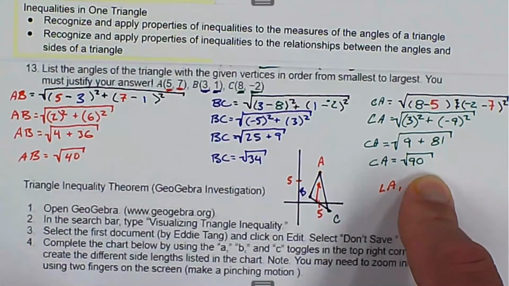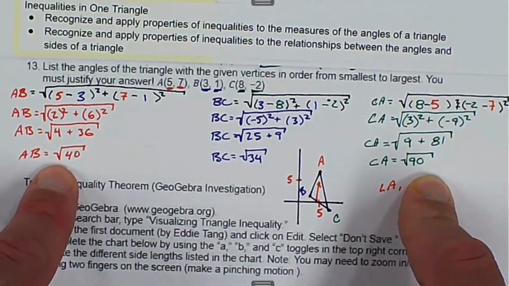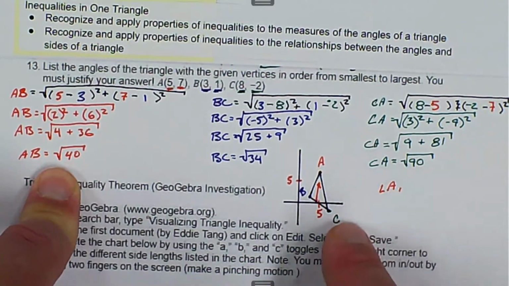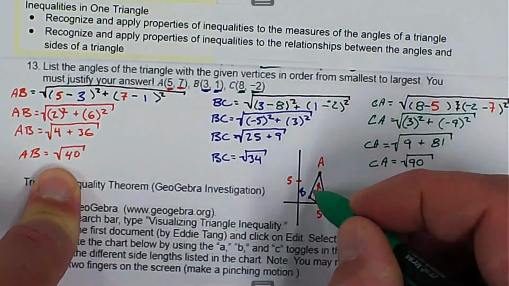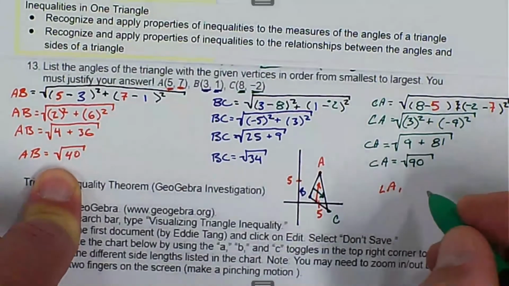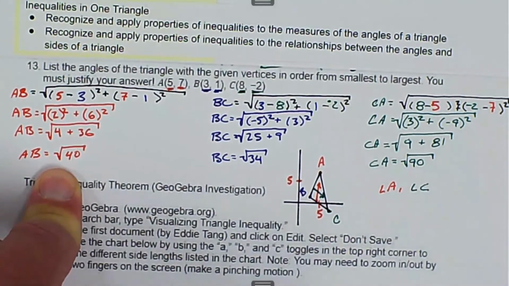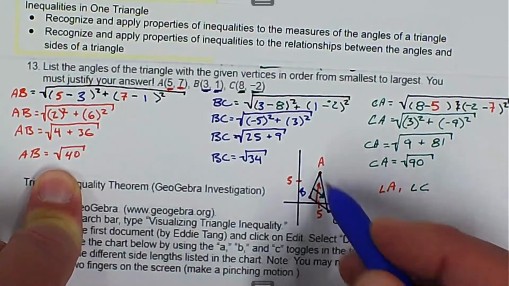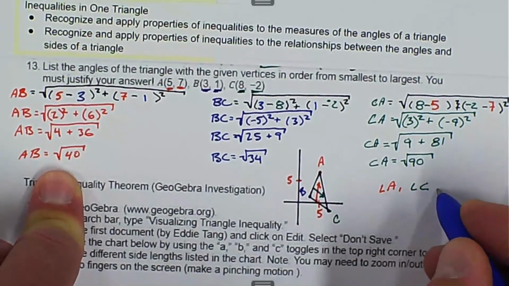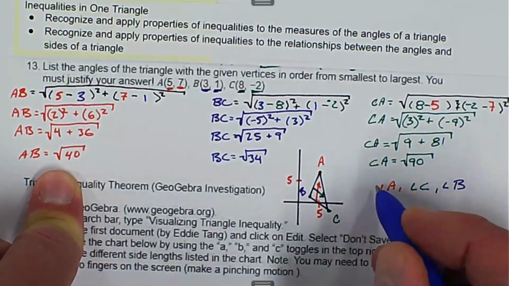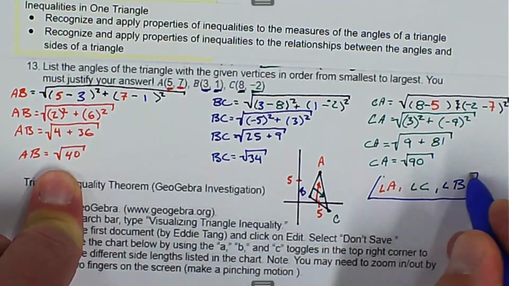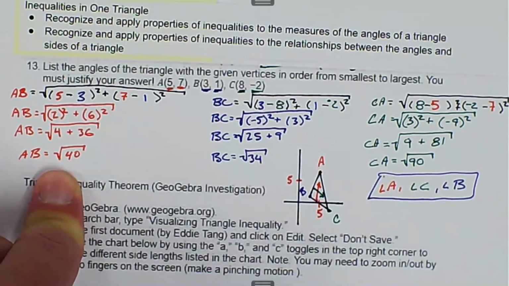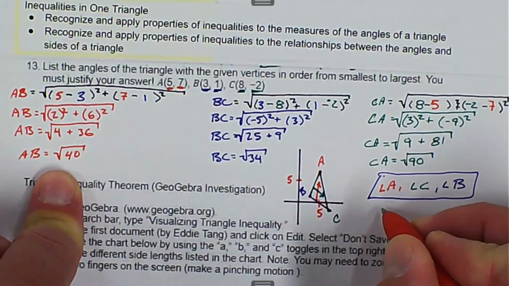Next, between the square root of 90 and the square root of 40, the square root of 40 is smaller. So that is going to be angle C is the next biggest. And then last, the only one that we have left is angle B, and that is opposite CA, which is our larger side. So that's going to be angle B. And in this case, angle A was our smallest.